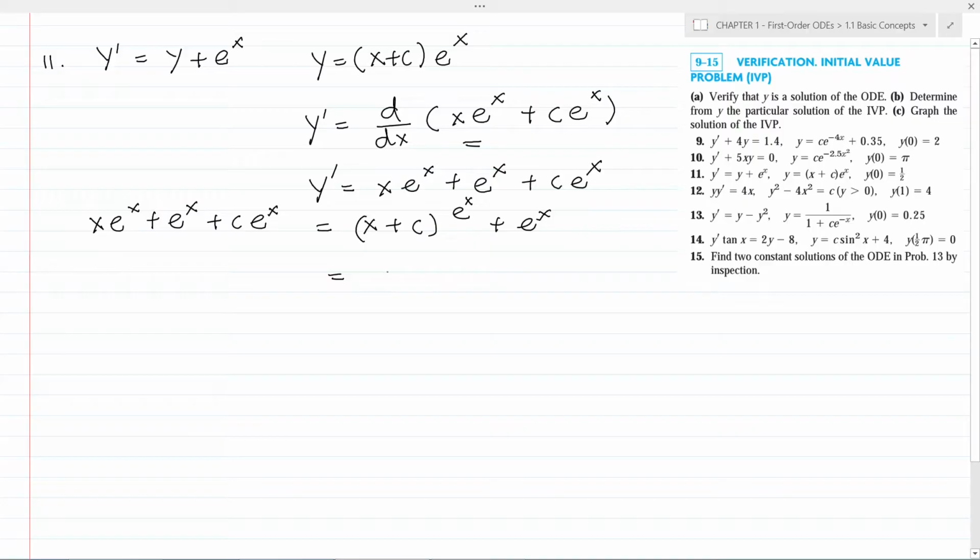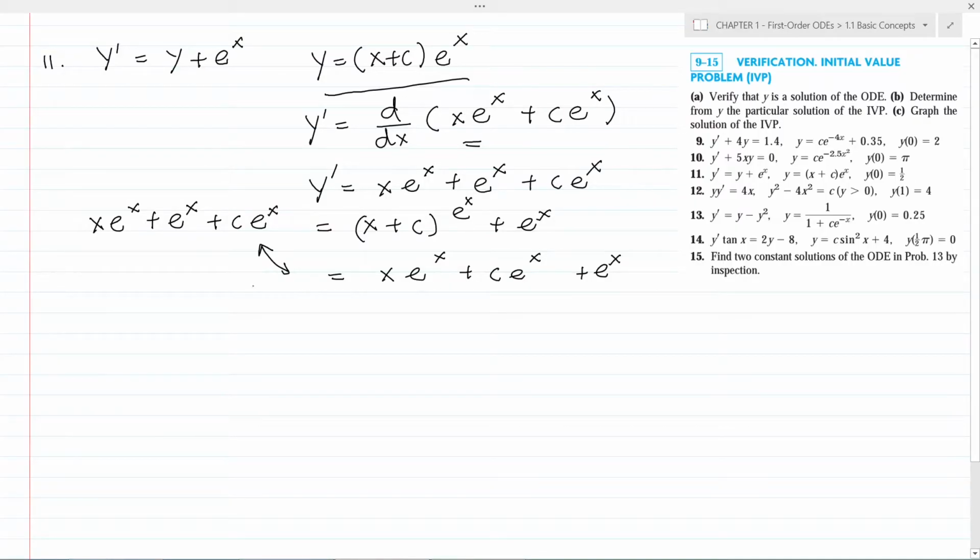The right hand side we can simplify to x e to the power x plus c e to the power x plus e to the power x. We see that the left hand side and right hand side of the differential equation match, so the equation satisfies, and thus y equal to x plus c e to the power x is a general solution of that differential equation.